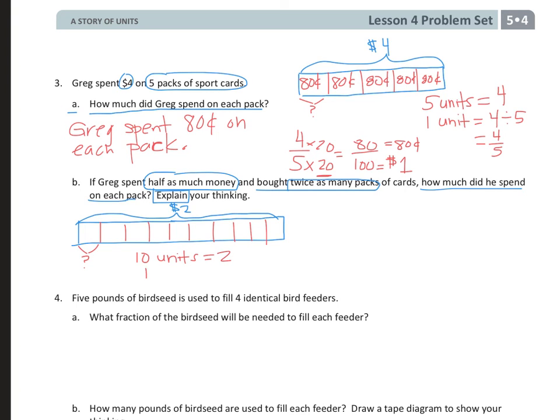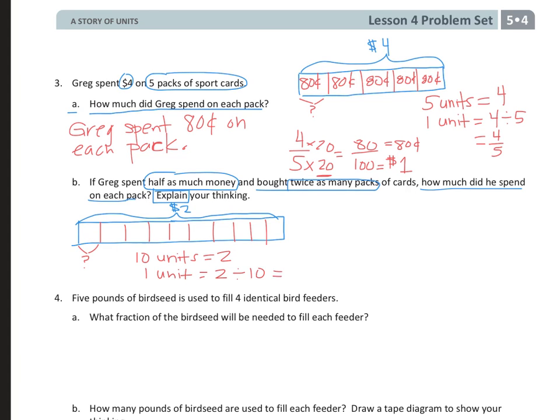Now, if I want to figure out what 1 unit is, I take the number on top of the tape diagram, which is 2, and we're going to divide it into 10 boxes.